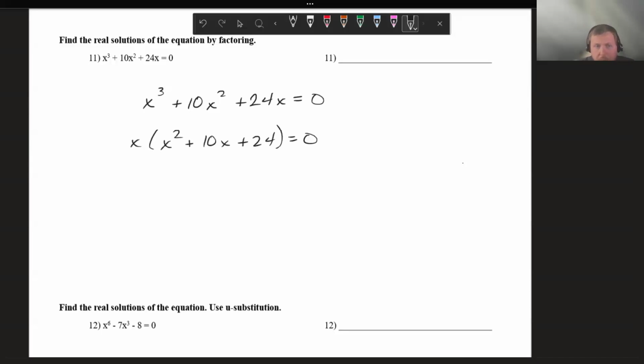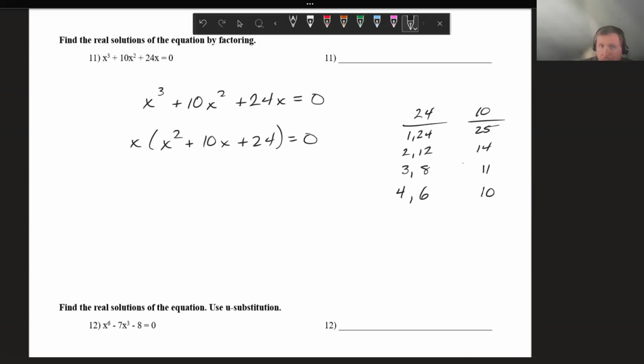So for the x squared plus 10x plus 24, let's see. 1 and 24, 2 and 12, 3 and 8, 4 and 6.